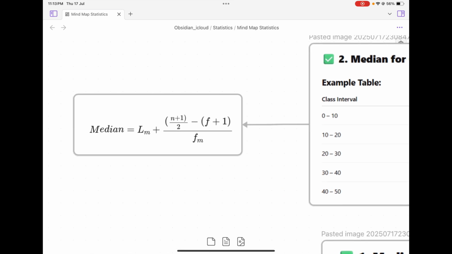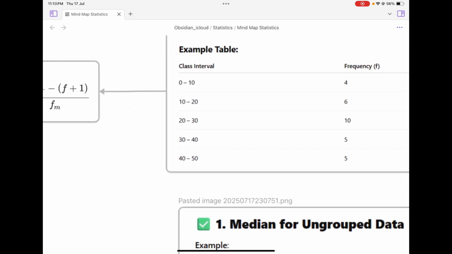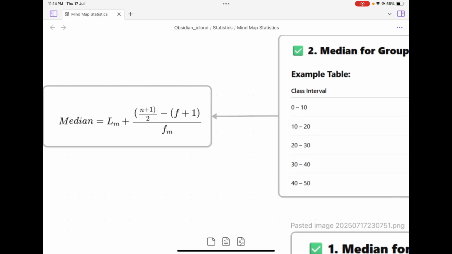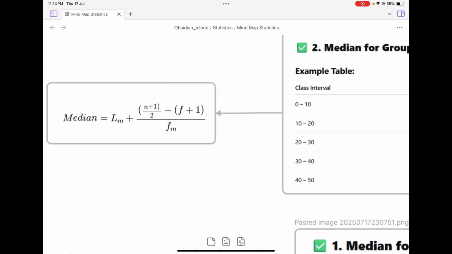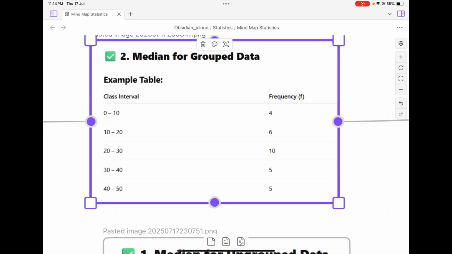This is the formula that we are using. This is the lower limit, and f corresponds to the frequency. f is the frequency of the median interval, n is the total number, etc. Now let us calculate it with the help of this formula.